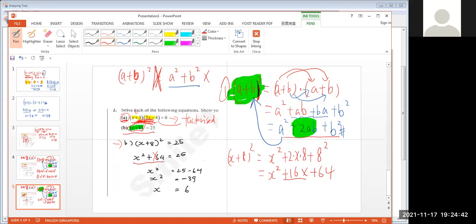Once you simplify this term into this, you need to have a plus 16x in between. So I'm going to add a plus 16x in between.